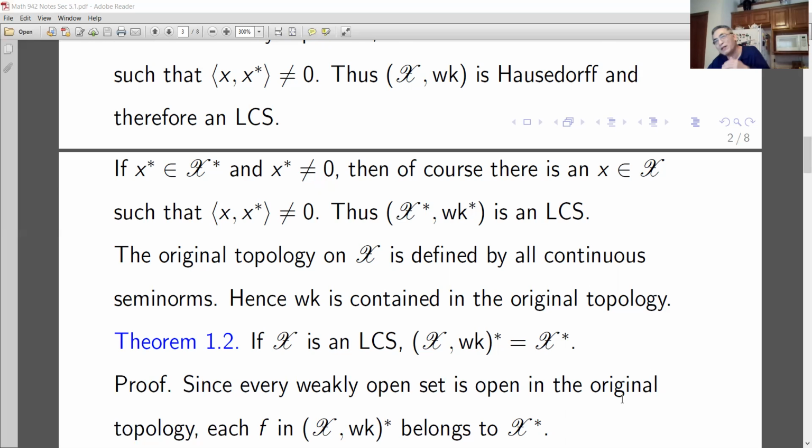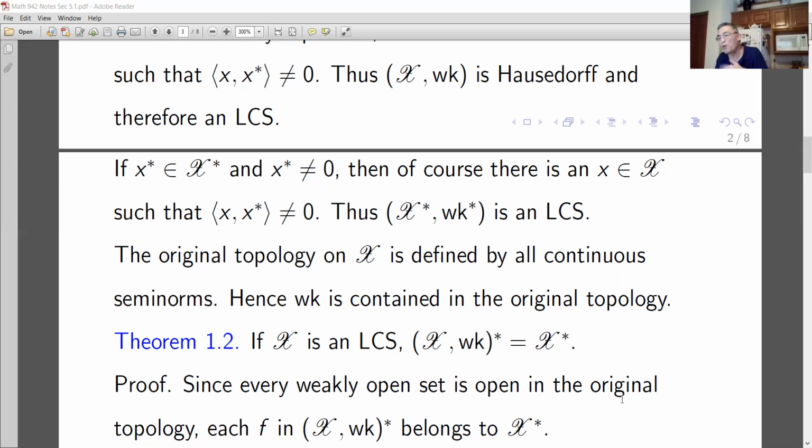So you know that if a topology is weaker, then a linear functional, or any function, is more difficult to be continuous.